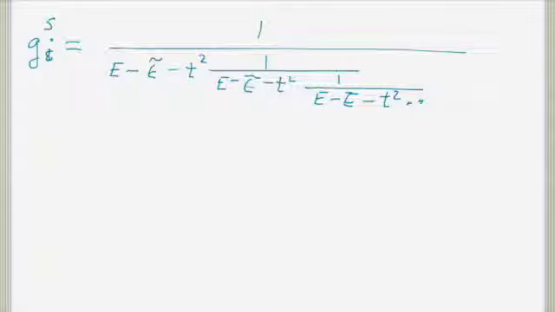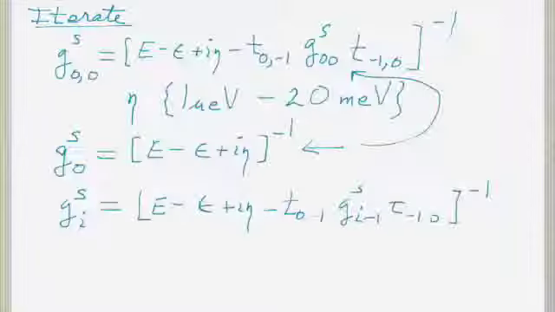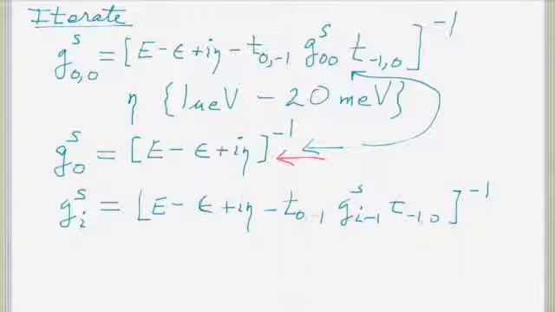So the convergence is at worst linear with the number of iterations, and we generally find it to be faster than that. One way to view that is that after each iteration, you're taking into effect one more site to the left. The very first guess, for your 0th iteration, is just the site energy plus some imaginary term, so you're not taking into account any connectivity to the left.